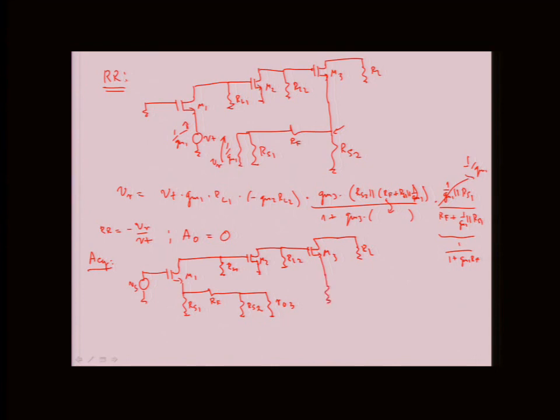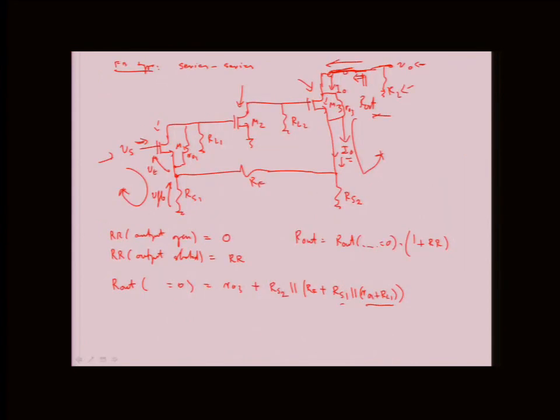So you have RS2, RF, RS1, and then what do we see from this point up when Vs is 0? What impedance do we see?